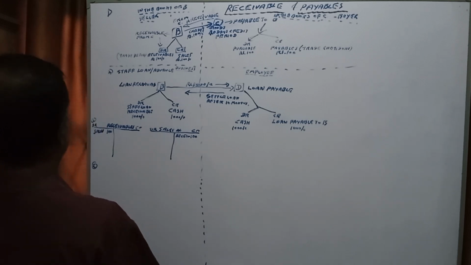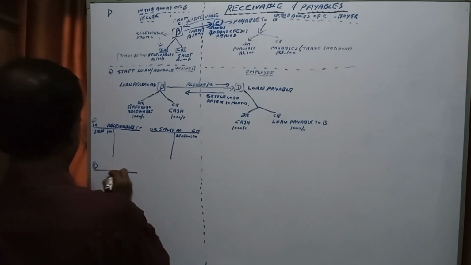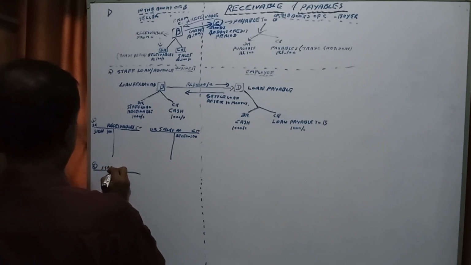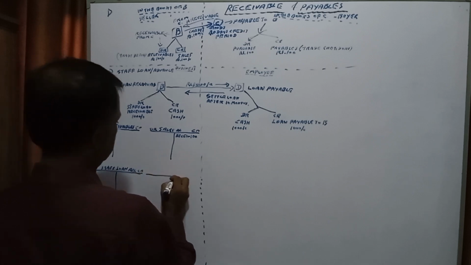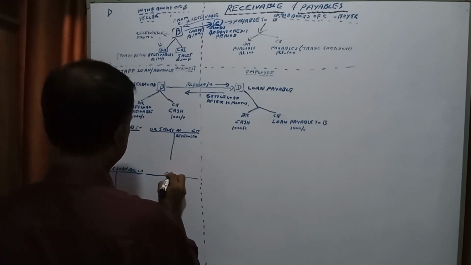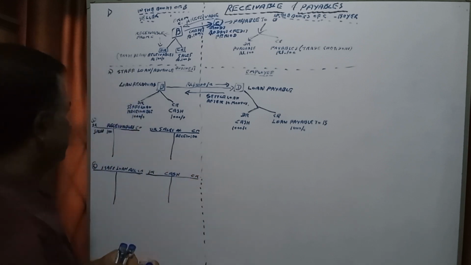Number two is staff loan, right? Staff loan account, receivables, and the cash account, debit and credit. What happens here?